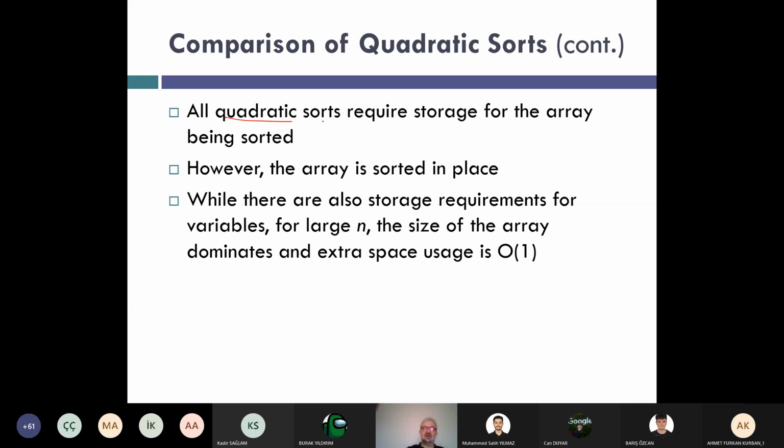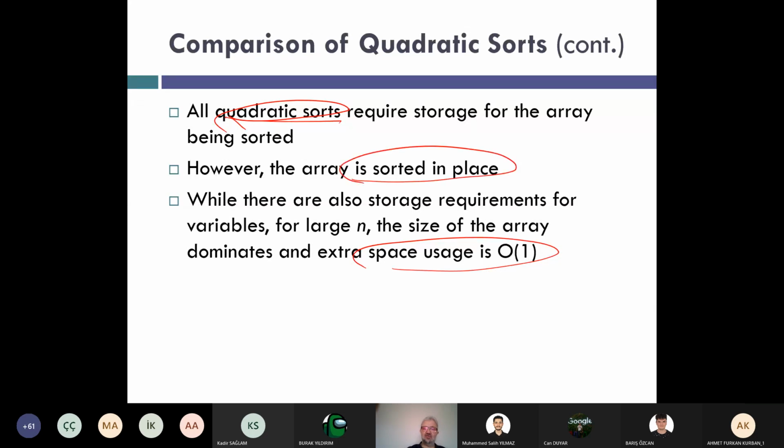Some n log n algorithms require extra storage besides the array that we use as input, but in quadratic sort algorithms no extra storage is used, and the extra storage use is constant. So we sort the array in place.